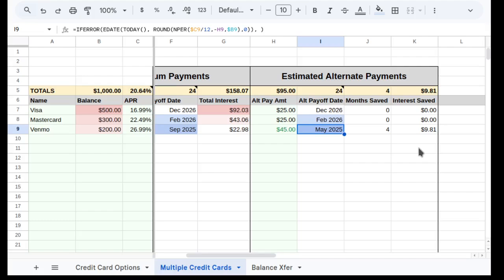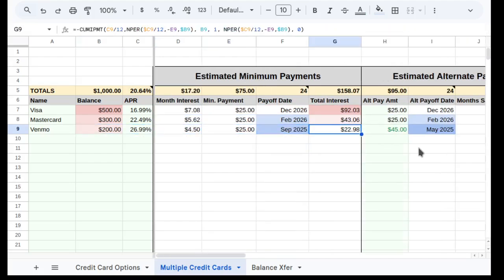Assuming today's date being the end of December, so at the end of December 2024, at the end of May 2025, you would save $4, 4 months, this amount of money. Once this is paid off, obviously you could then transfer your total payment of $45 to this one and add in to $70.